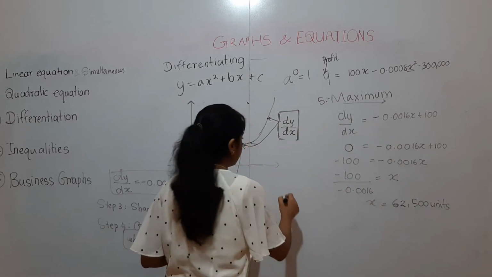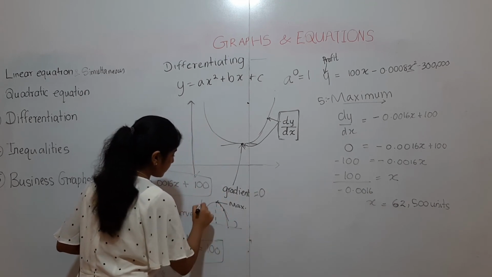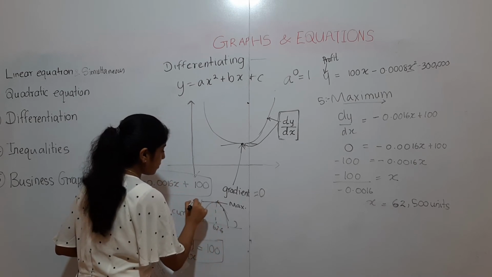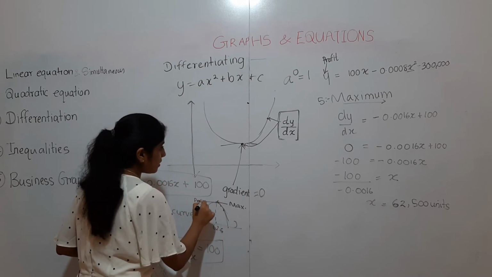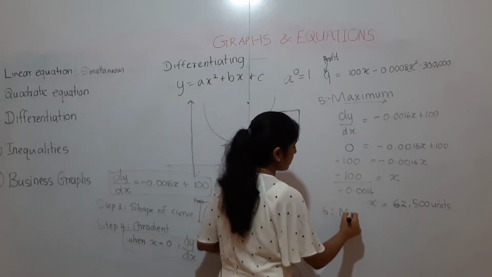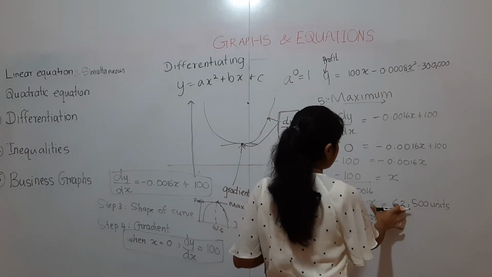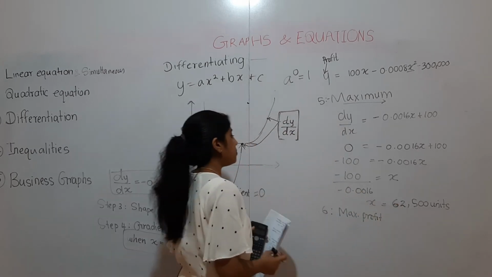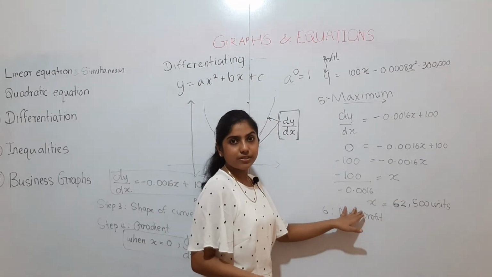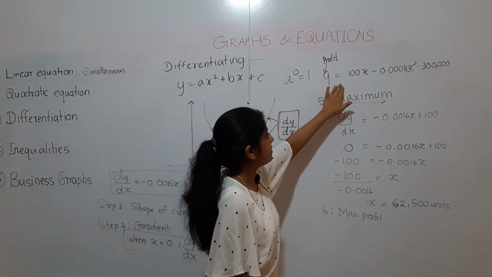So, at 62,500 units, you are making maximum profit. The second question they ask is to find the maximum profit. That means at this level, what you have to do is substitute this x value into the original profit equation, which is this.